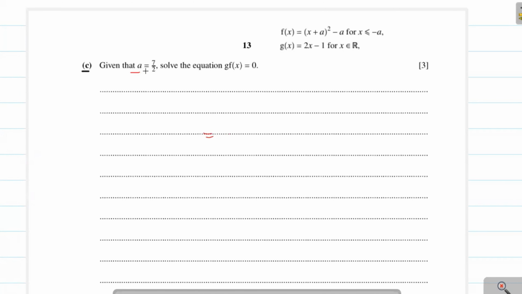Part C, given that a equal to 7/2, solve the equation g f of x equal to 0.